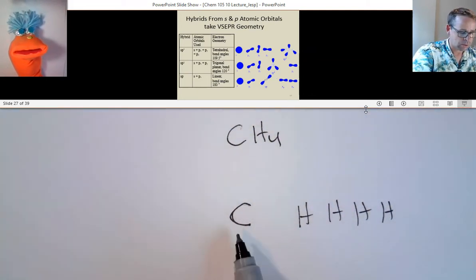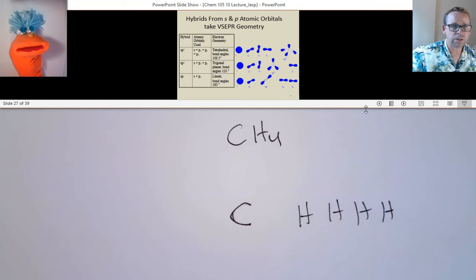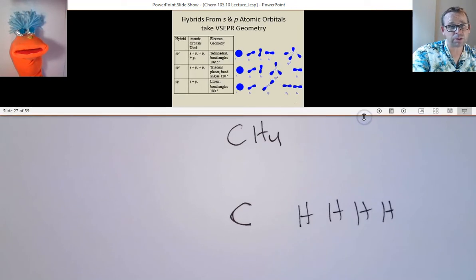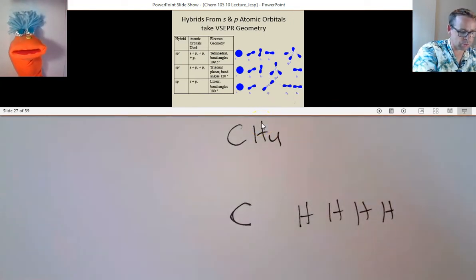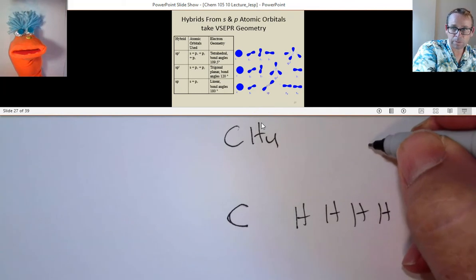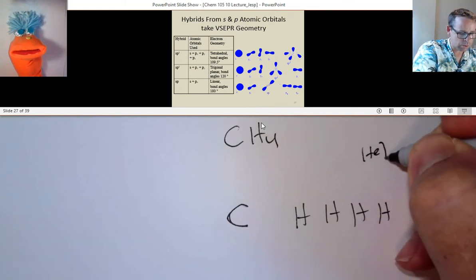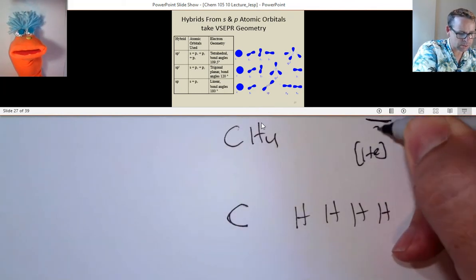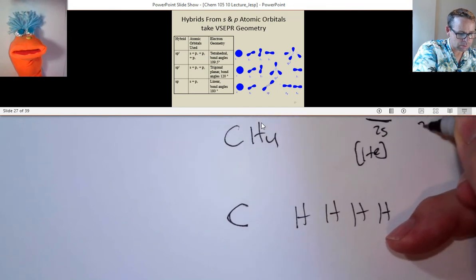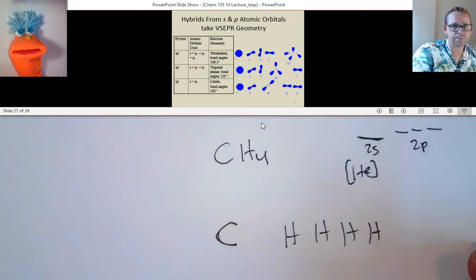Carbon needs to extend to those 4 regions. Then I can think about the orbitals that carbon has available to it. We can look at the orbital diagram for carbon: it has a helium core, then a 2s and then 3 2p's.